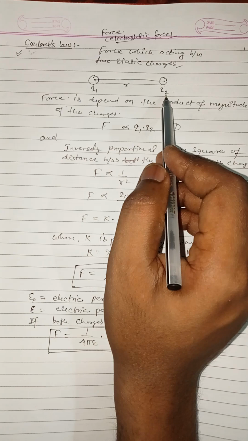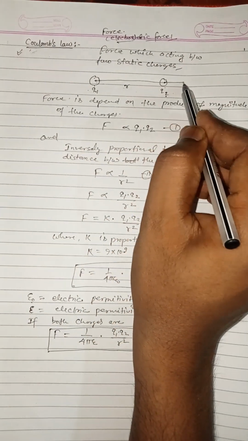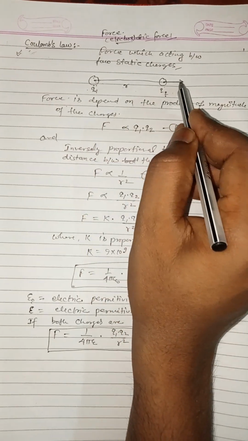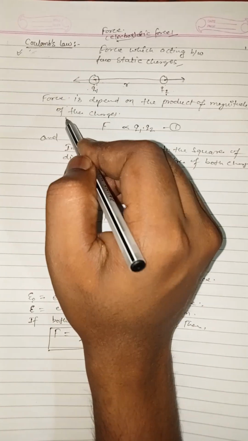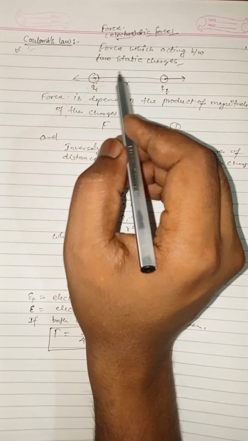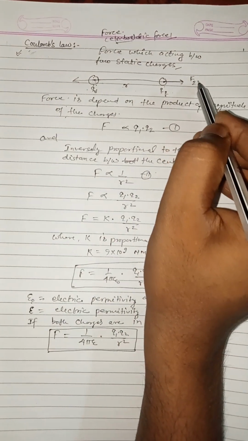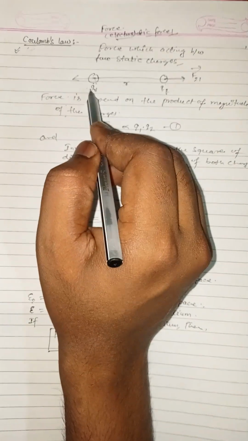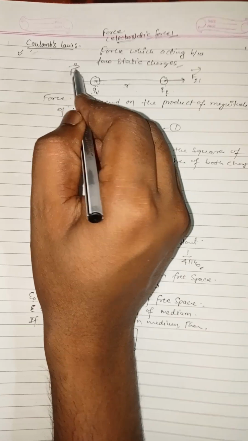Q1 and Q2 both charges are positive, then there will be a repulsion. Q1 repels Q2 in this direction and Q2 repels Q1 in this direction. So the force applied by Q1 on Q2 is F21, and Q2 applies the same force on Q1, which is F12.